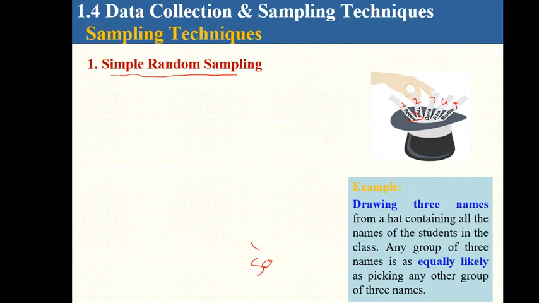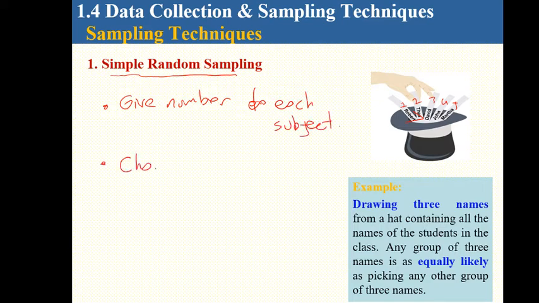This is called simple random sampling, and here are the steps. You give numbers to each subject.